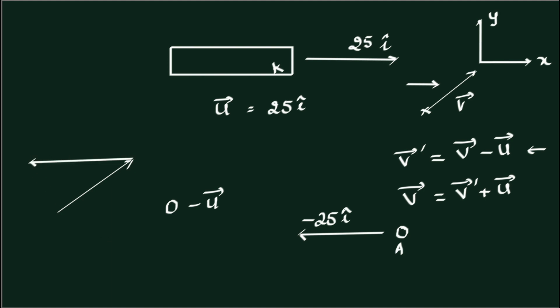If I add that, the resultant is this vector. This is the velocity of the bird as seen by Kundavai from her train. So this is v prime. Compared to any velocity that Adityan measures, Kundavai sees an extra minus u added to it. This is the simple vector velocity transformation equation.